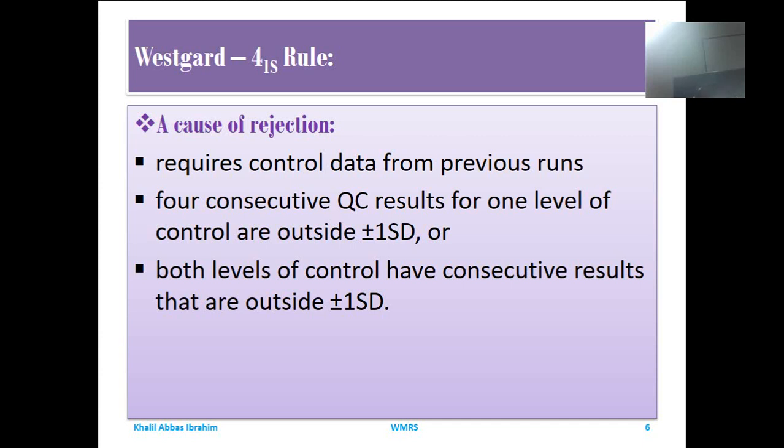These are the forms: either 4 consecutive quality control results of one level of control, either normal or abnormally high or abnormally low, are outside plus or minus 1 standard deviation, or both levels, normal and abnormal, of control materials have consecutive results that are outside plus or minus 1 standard deviation.